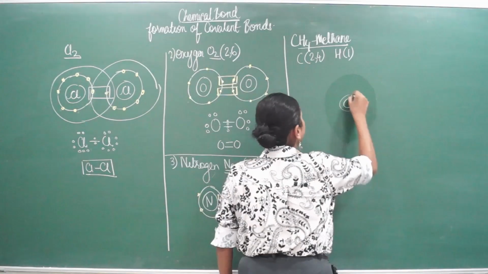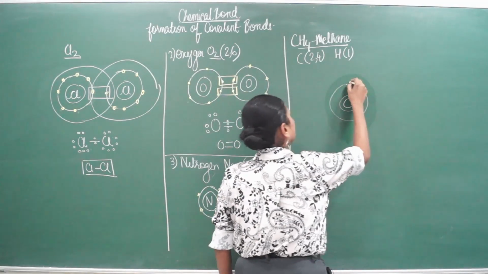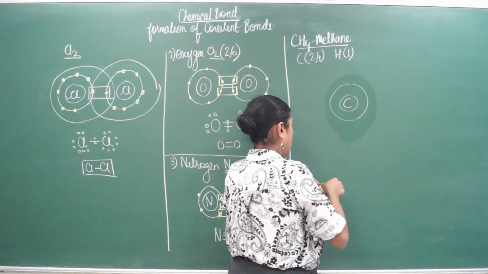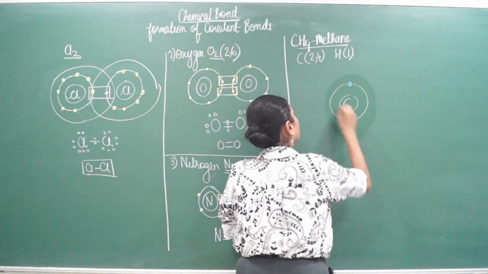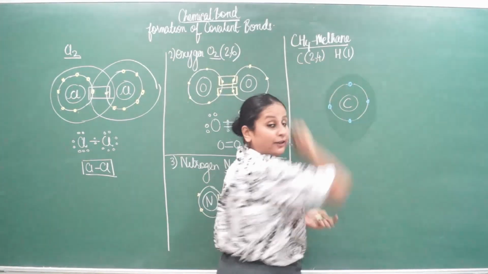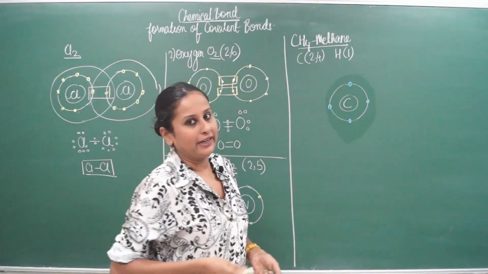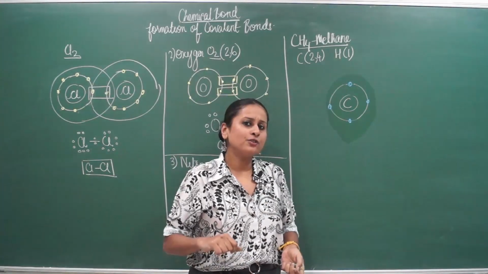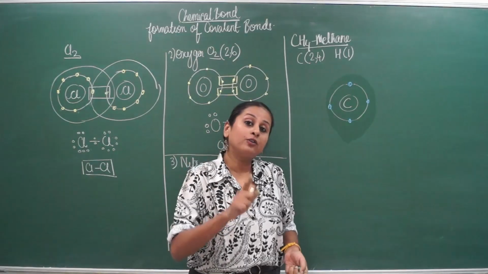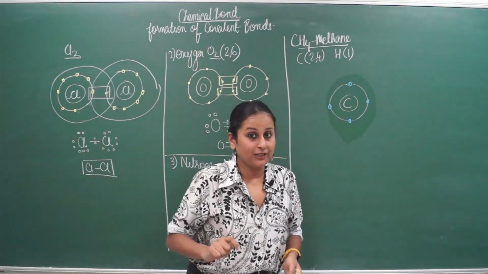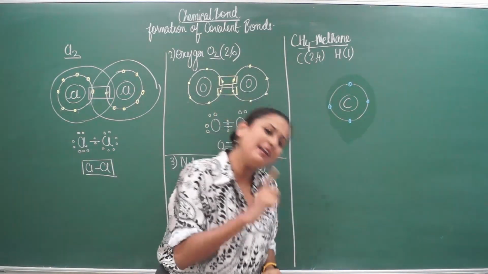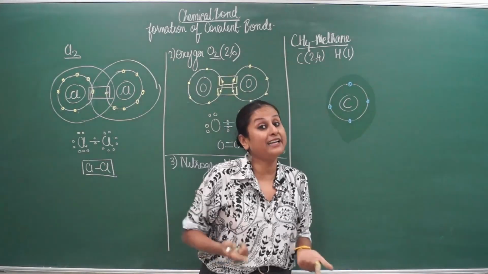The last shell has 4 electrons. It requires 4 more to complete its octet. So where will it get these 4 electrons from? It will get 4 electrons from 4 hydrogens, because hydrogen requires only 1 electron to complete its what state?